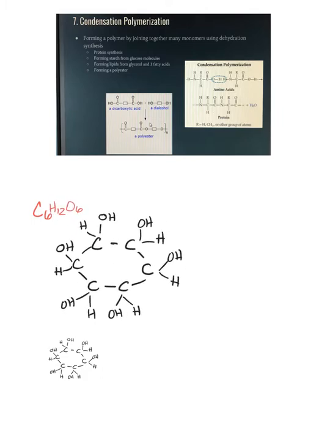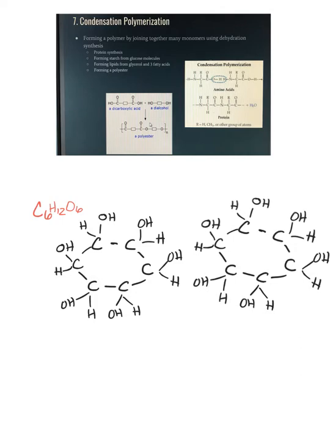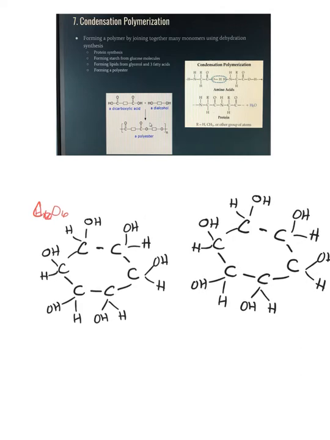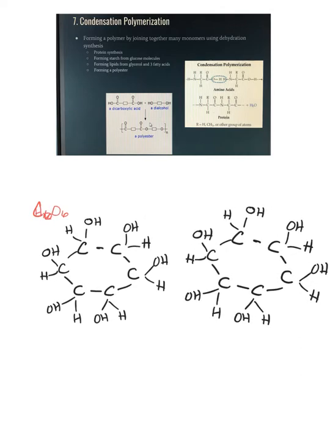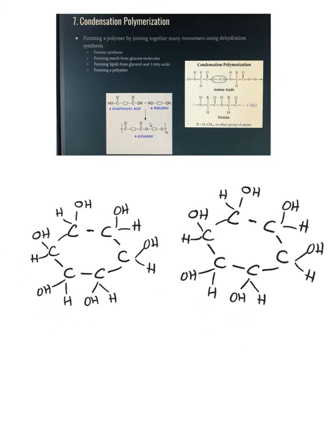Here's another glucose molecule. I'm going to put it right next to it. So there are 2 identical ones. Now each one of these is a monomer, because they are a single unit. I can move them independently. That's a monomer and that's a monomer.